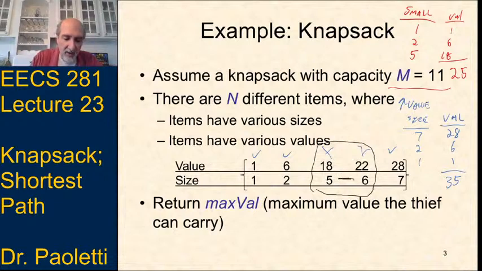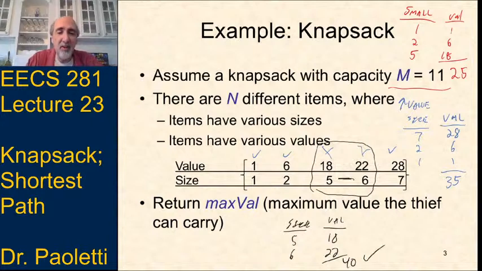If I take the size 5, value 18 and the size 6, value 22, I get a value of 40, which happens to be the optimal for this one. So those two greedy approaches, neither one of them got me the optimal solution.